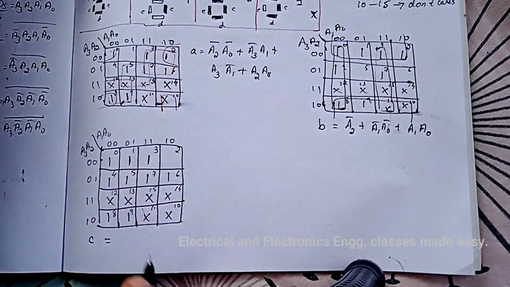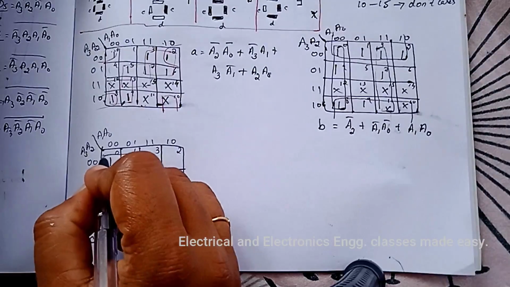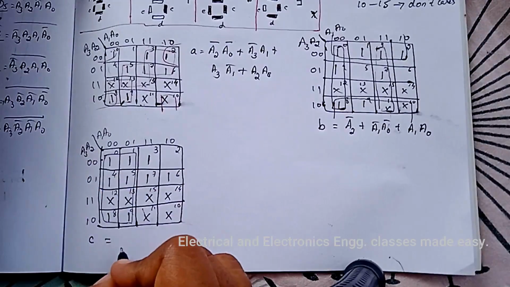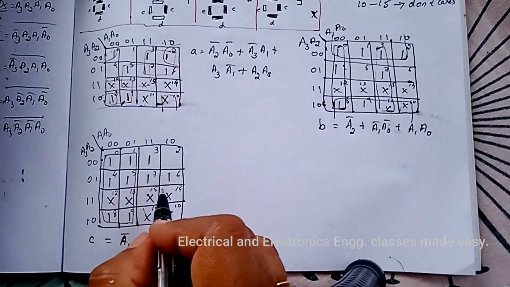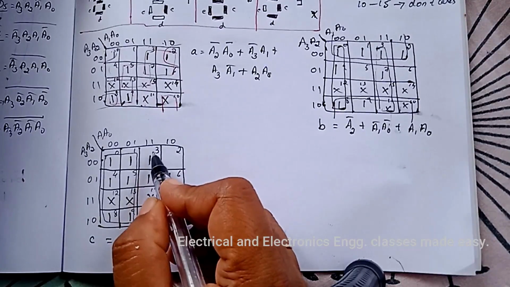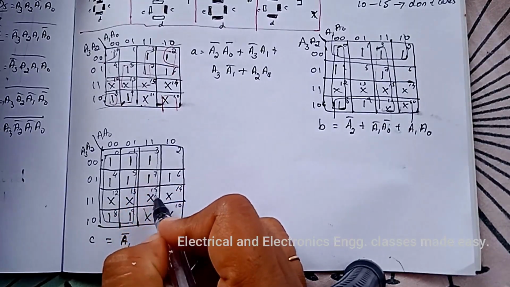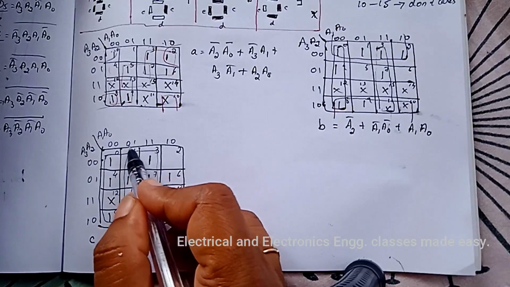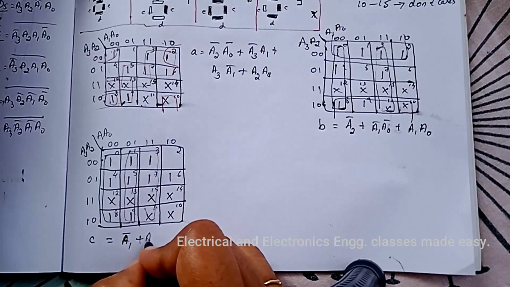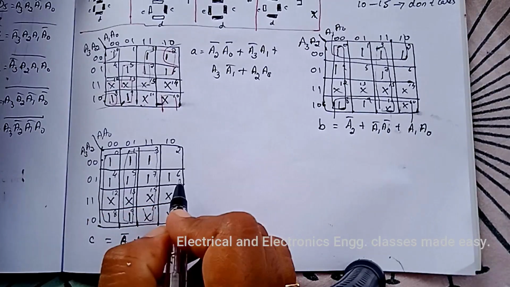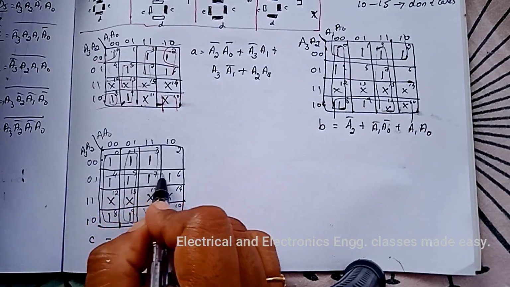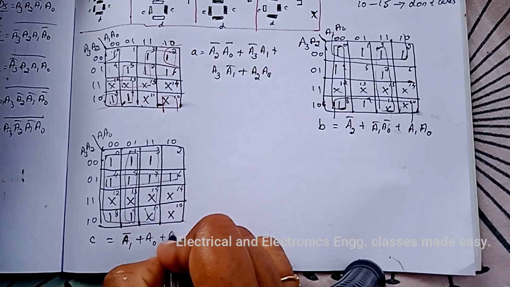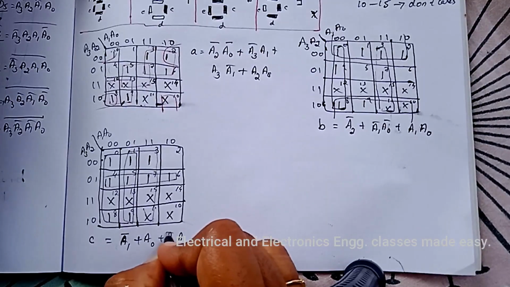So here these 8 squares we can combine and we get A1 bar. Next we can combine these 8 squares. So here we get A0 and next these 4 squares we can combine and that is A3 bar A2.